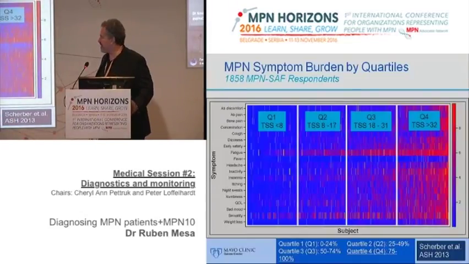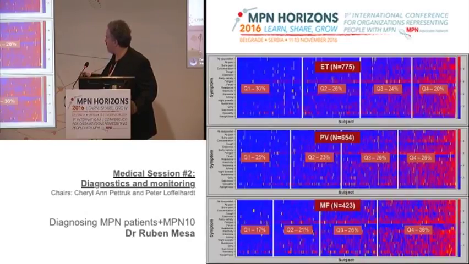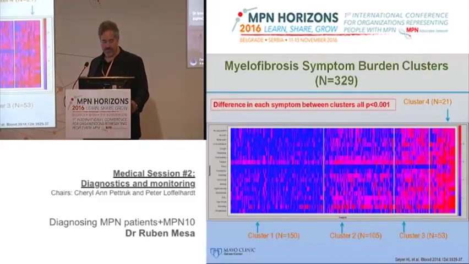With these, we've seen that these symptoms can overlap. Increasing red shows us increasingly problematic symptom groups. And with this approach, we could see that this group that is most symptomatic is most common in myelofibrosis, but a surprise to many physicians is also common in ET and PV.